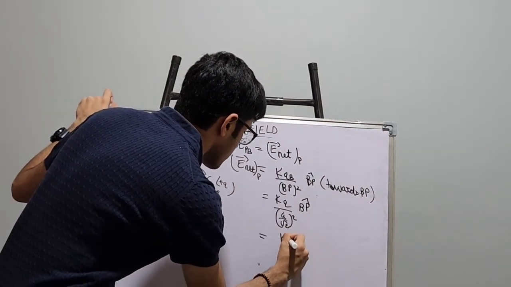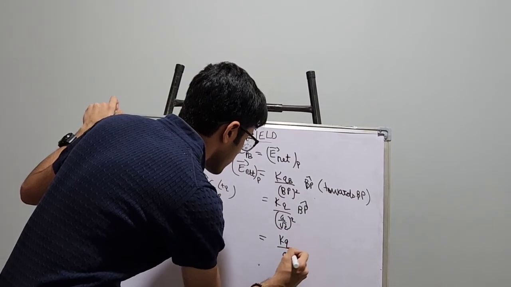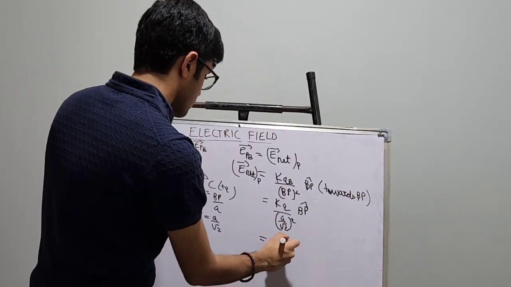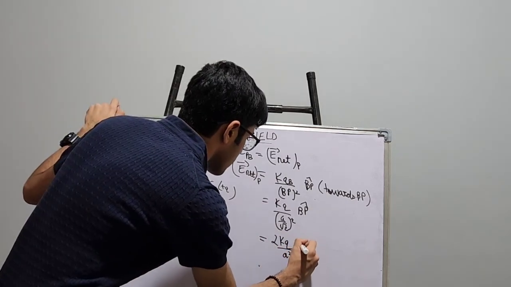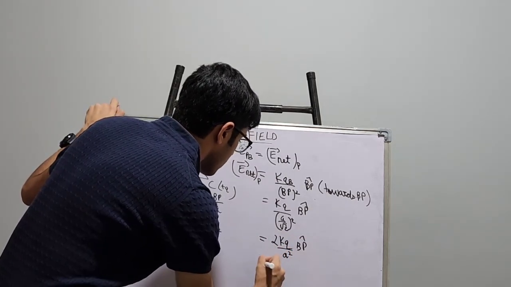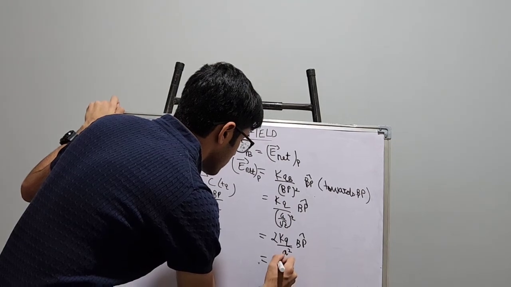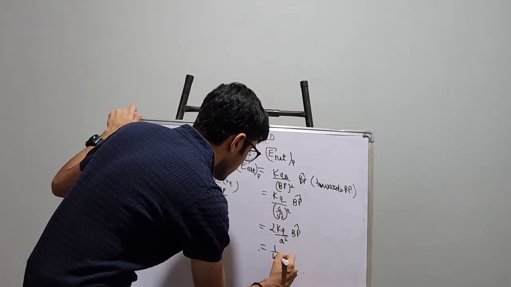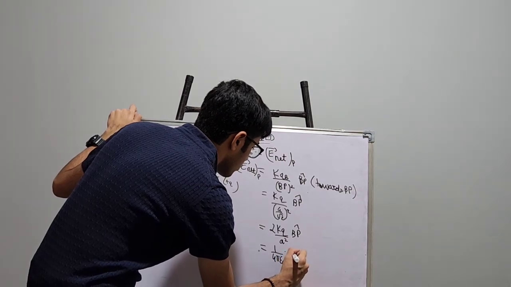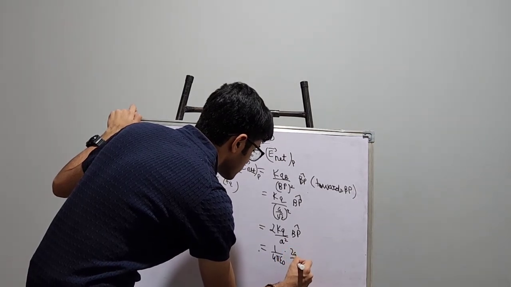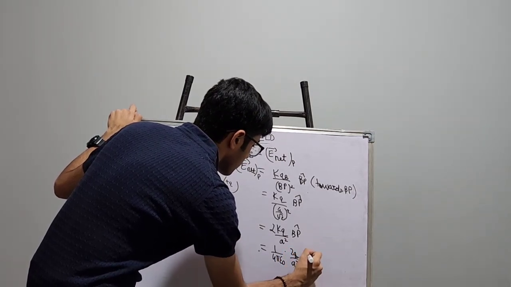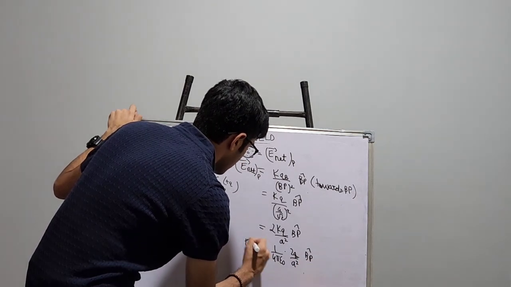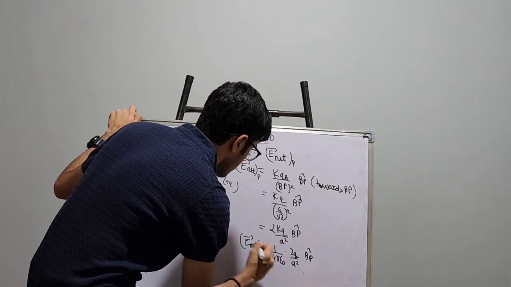So this is KQ upon A squared upon 2, so this would be 2KQ by A squared BP cap, and this can be written as K is 1 by 4 pi epsilon naught, into 2Q by A squared BP cap. This is the net electric field on point P.